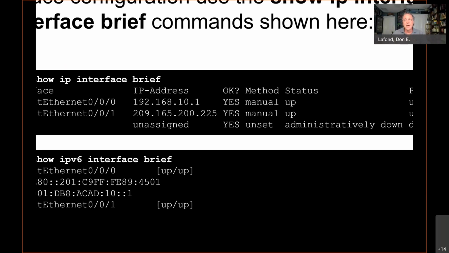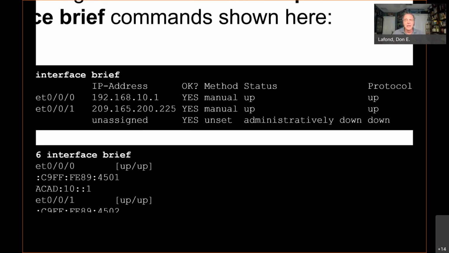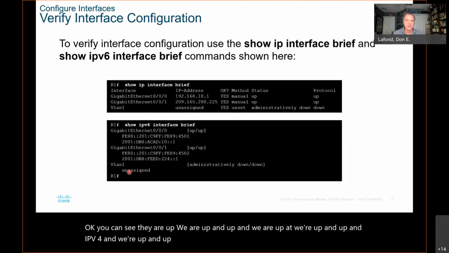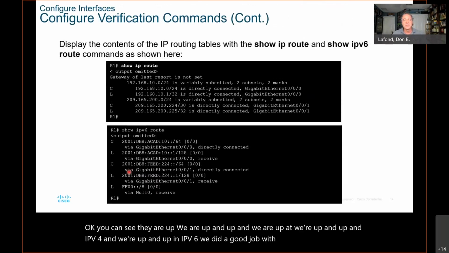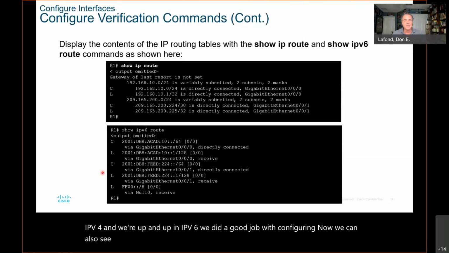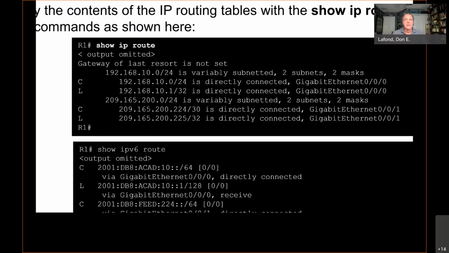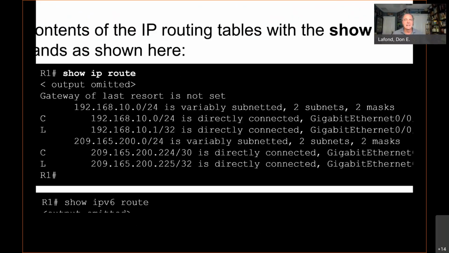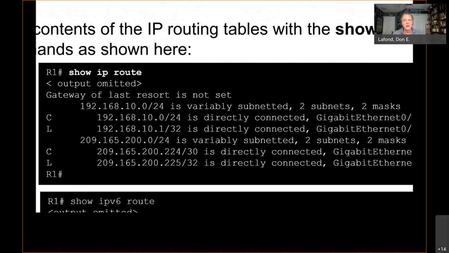Okay, you can see they are up. We are up and up in IPv4, and we are up and up in IPv6. We did a good job with configuring. Now we can also see the routing table, and we've seen the routing table before. Remember, directly connected. I think we had a video where they showed you. Here is the network.